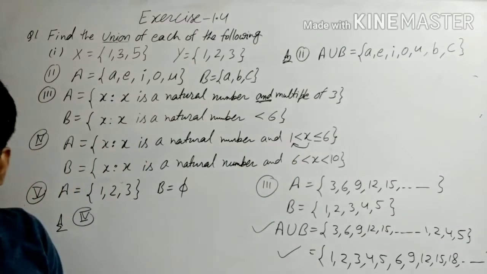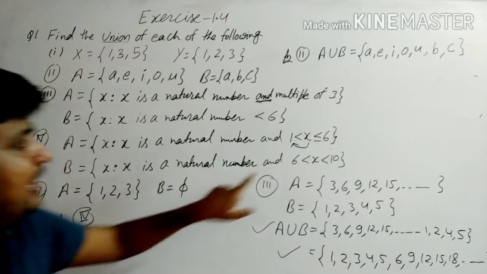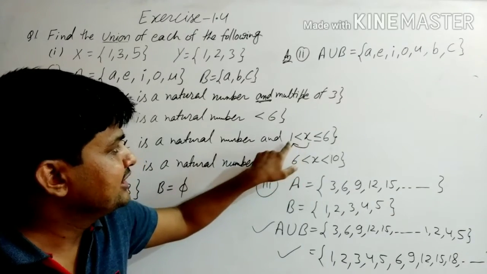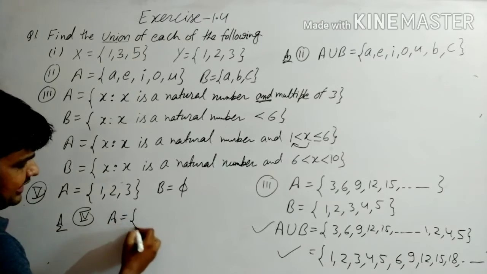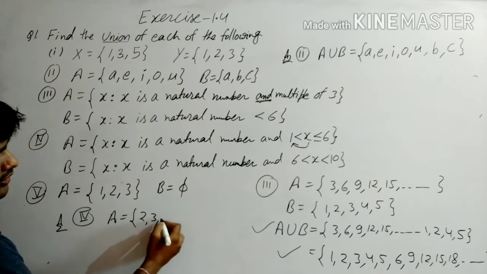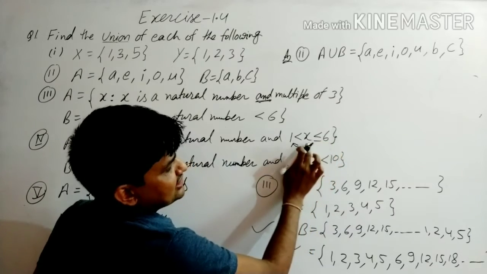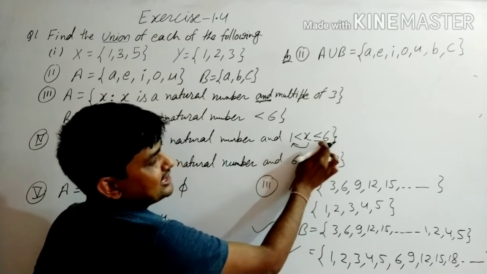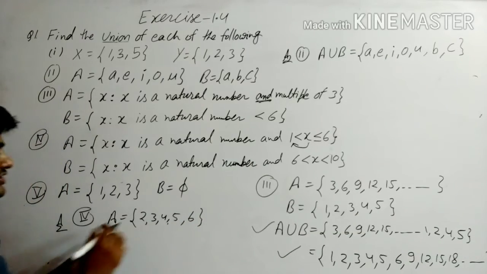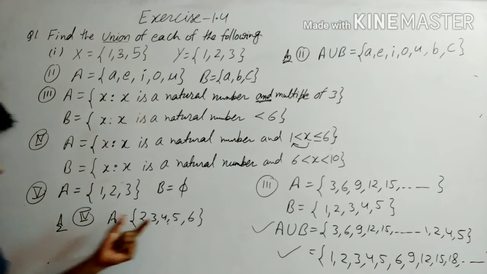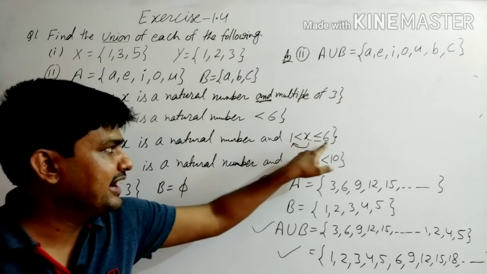So the natural numbers greater than 1 are 2, 3, 4, and up to x is less than or equal to 6. So 6 will be included, then 5 and 6. This A means the set of all natural numbers that are greater than 1 and less than or equal to 6.